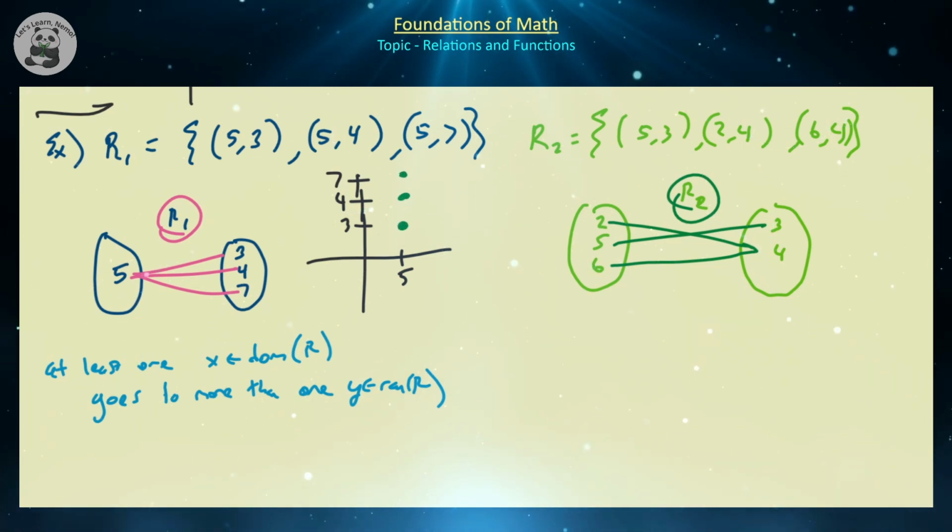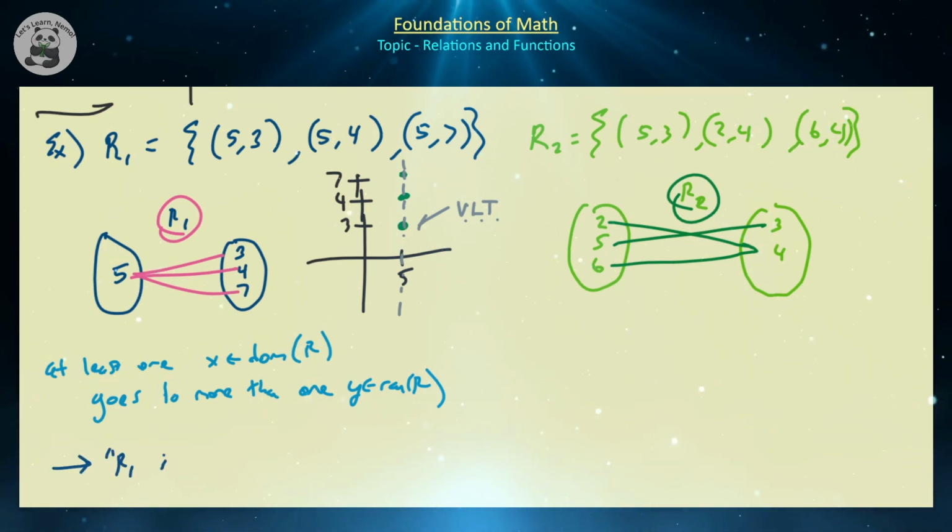Notice that if we draw a vertical line through this, it's going to pass more than one point. Some people will refer to this as the vertical line test, or VLT for short. So at least one x in the domain goes to more than one y in the range. That is, the vertical line that you draw at x is equal to 5 is going to pass through more than one of these green dots. So what we usually say about this relation R1 is that R1 is not a function of x.